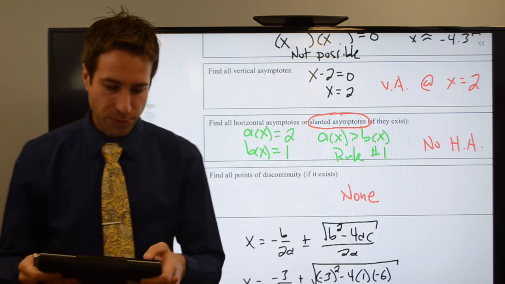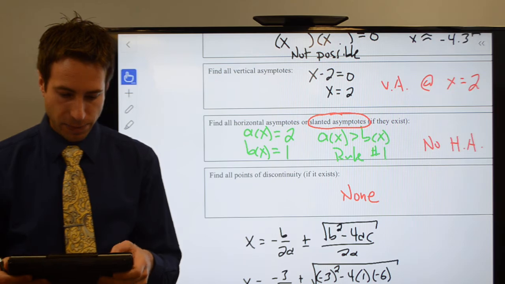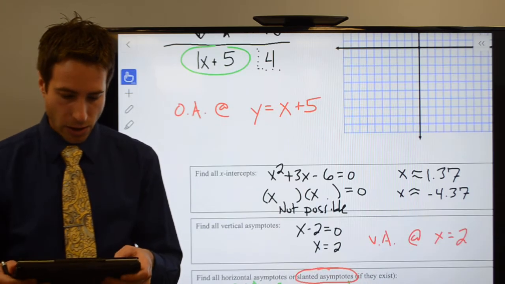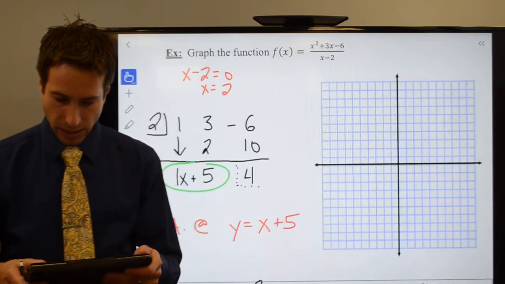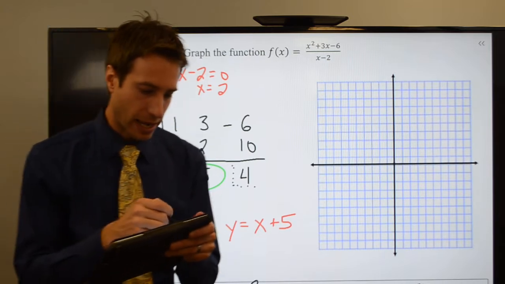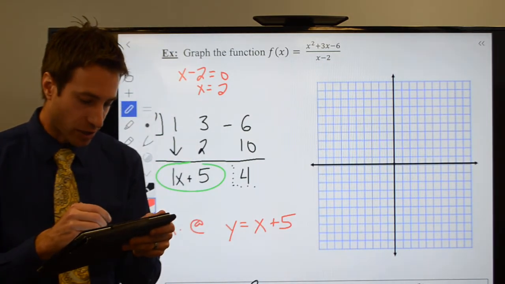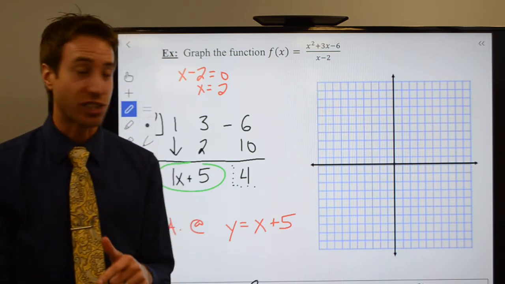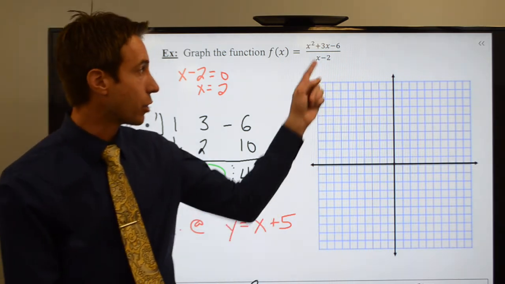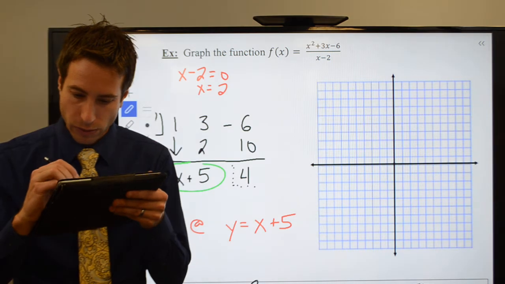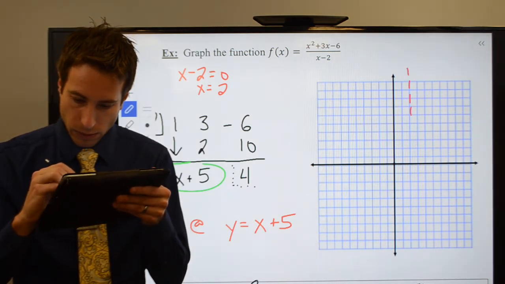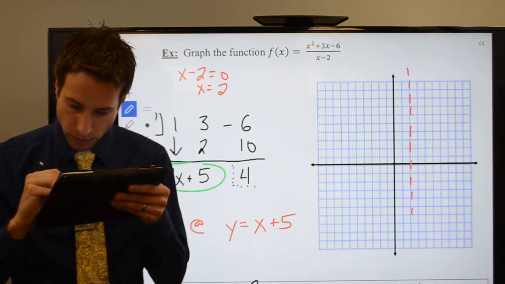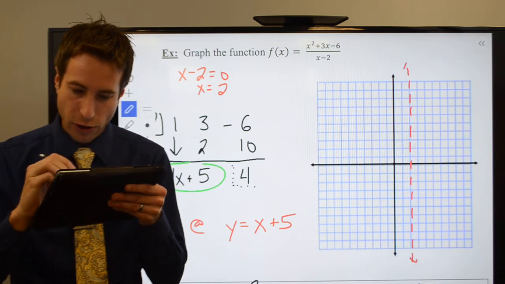And here we go. Let's put all the pieces of this puzzle together on our graph and see what happens. Okay, here we go. So first, let's do our vertical asymptotes and our slanted asymptote. I had a vertical asymptote at positive 2. All right, there's my vertical asymptote.